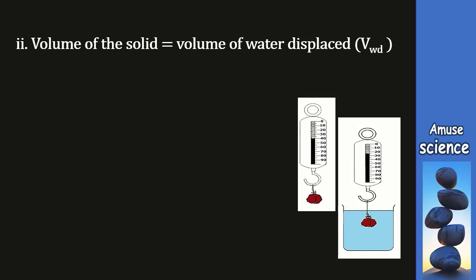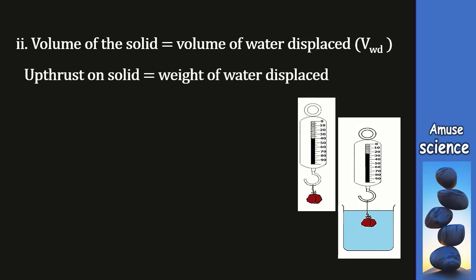And with that, we also have to use the concept of upthrust. We know that the upthrust on the solid is equal to the weight of the water displaced. Upthrust has been calculated, so we substitute the value there to be 7.0 newtons. Now we know that the weight of the water displaced will be equal to the density of the water multiplied by the volume of the water displaced multiplied by the acceleration due to gravity.